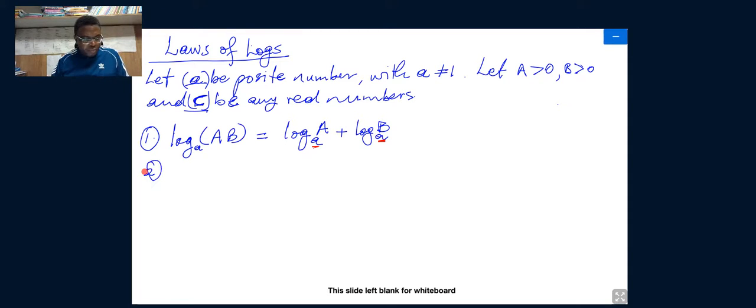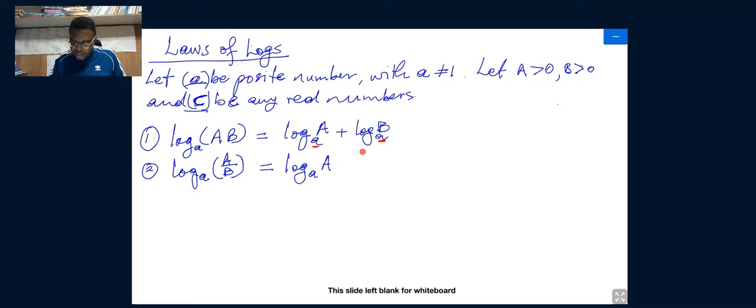Number 2. Does it look like number 1? It doesn't. Number 2, we have log A over B base A. Remember again, we are bringing the same thing as we did with the exponents.